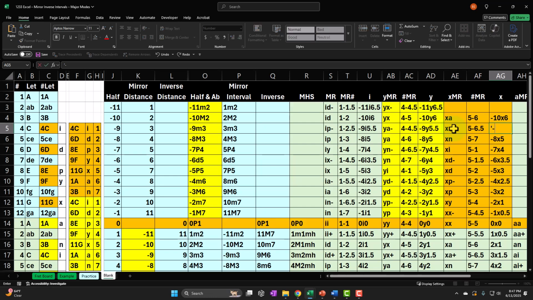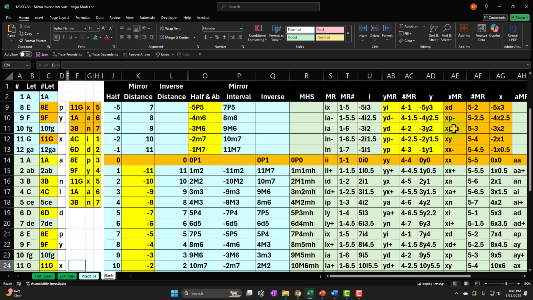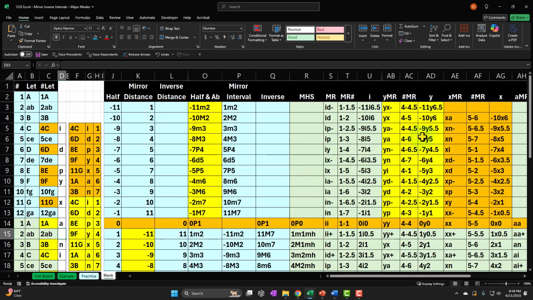We're going to say 9x, and it would be a negative, but I'm not putting another negative, 5.5 modal half step backwards, meaning if you go from the Mixolydian up 9, 1, 2, 3, 4, 5, 6, 7, 8, 9, lands you in the ocean just above the Locrian, not quite to the Aeolian.